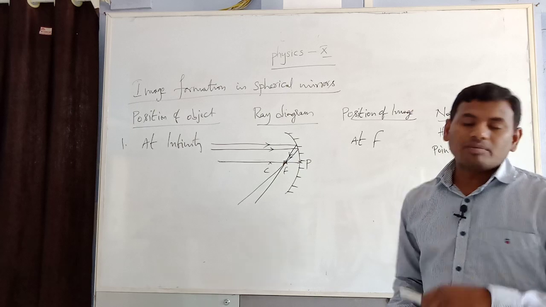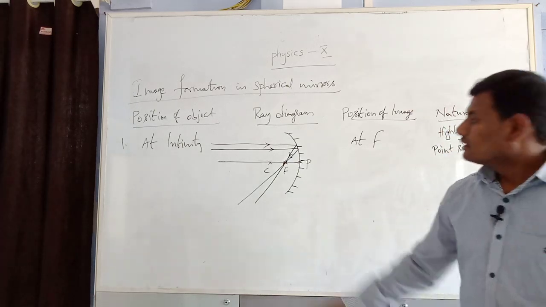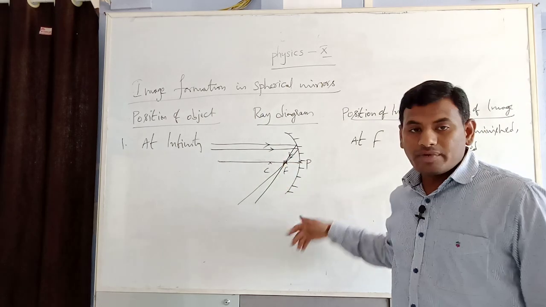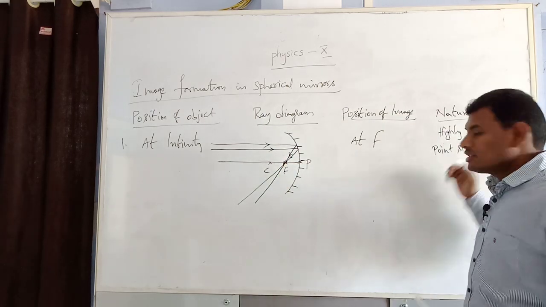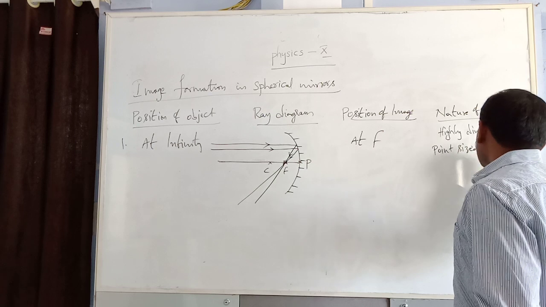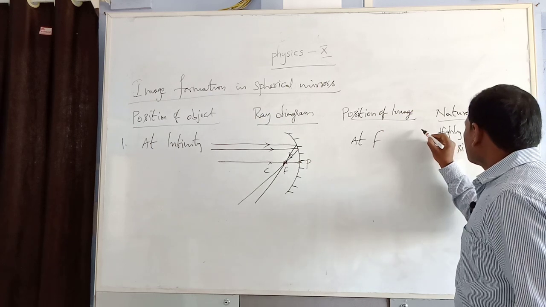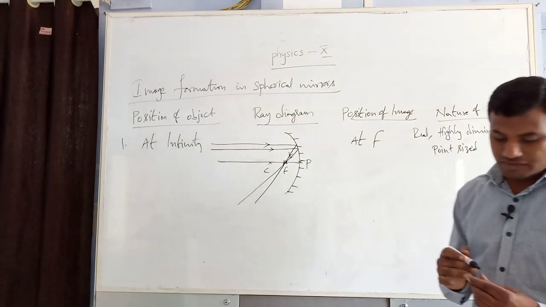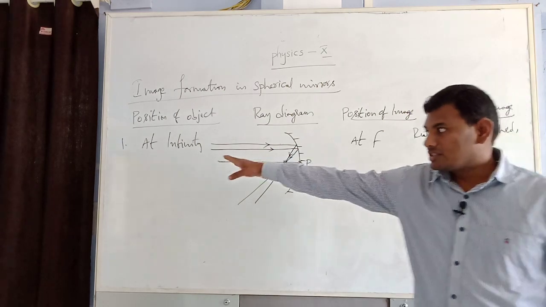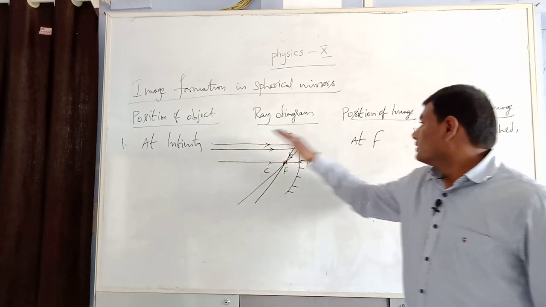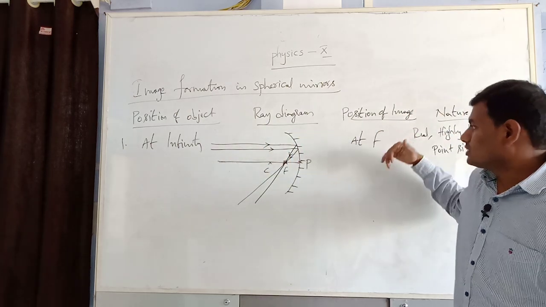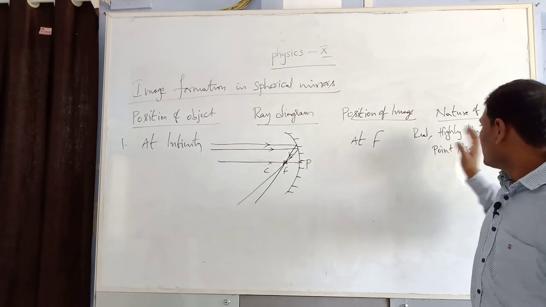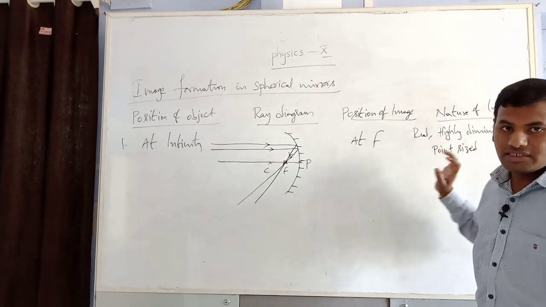Whether the image is real or virtual: as the reflected rays are intersecting here, the image that is formed is a real image. So a highly diminished, point sized, real image is formed at F. So for the position of the object at infinite distance, this will be the ray diagram and the position of the image is at F, and the characteristics are that the image is real and highly diminished or point sized.